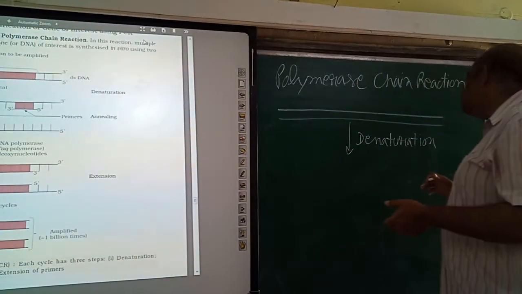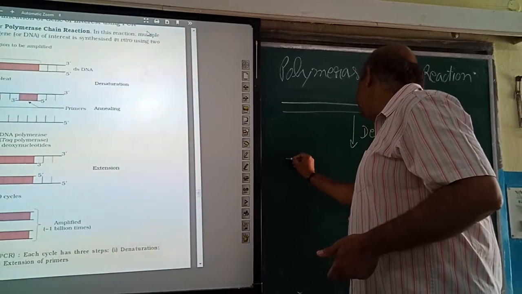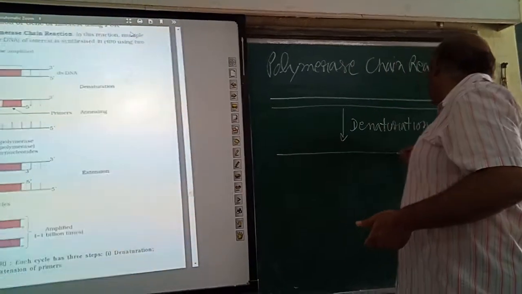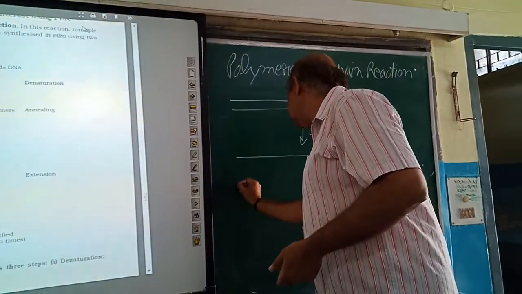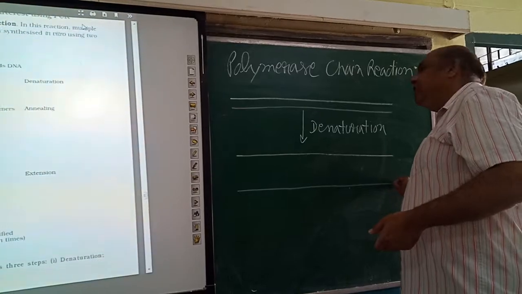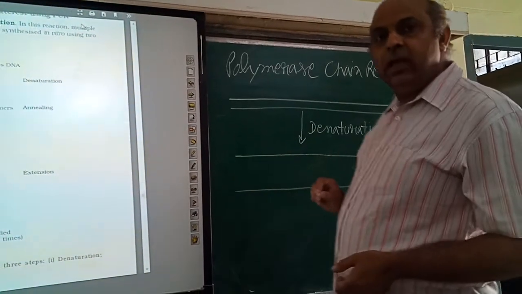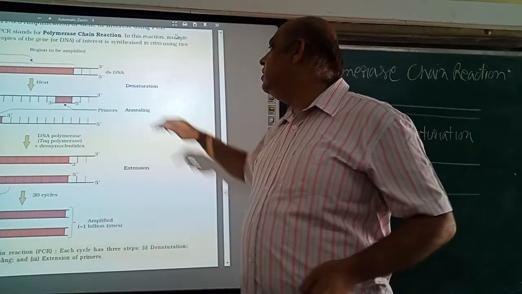And what happens at high temperature? Both the strands of DNA get separated from each other. This is one strand and it is the other. And the step is called denaturation.